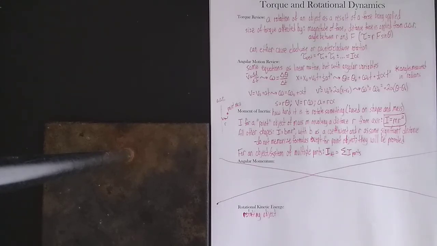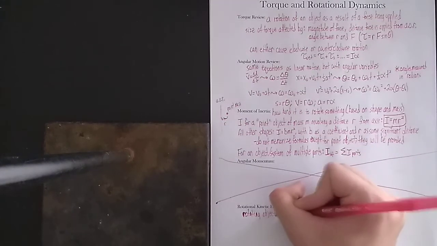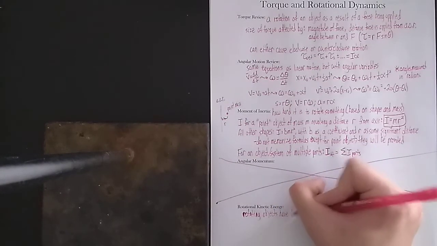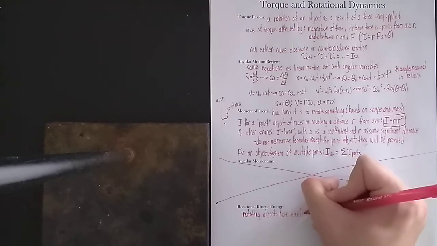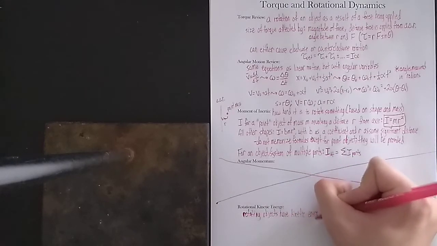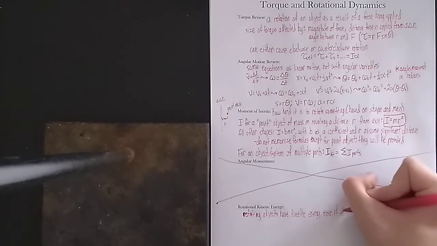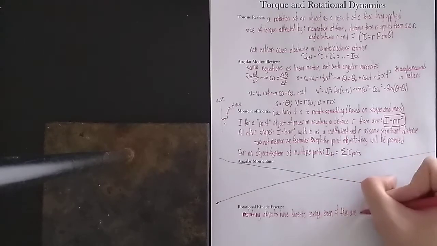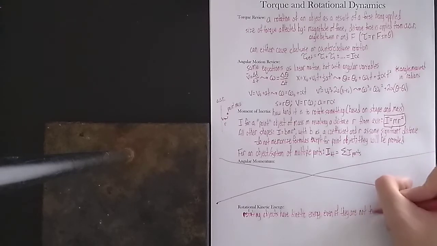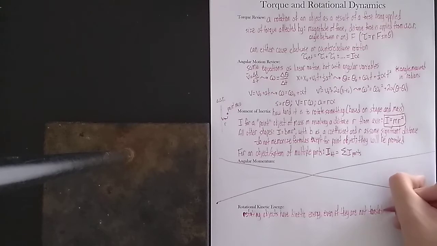So parts of it are still moving, so that object must have some kinetic energy. So rotating objects have kinetic energy, even if they are not translating. And translating is just a very fancy word for moving linearly.